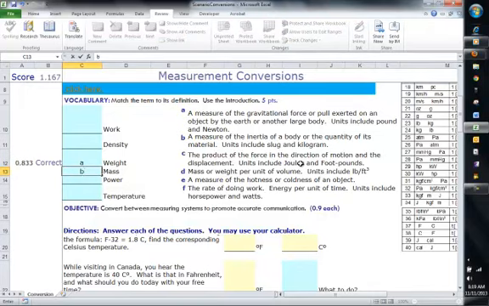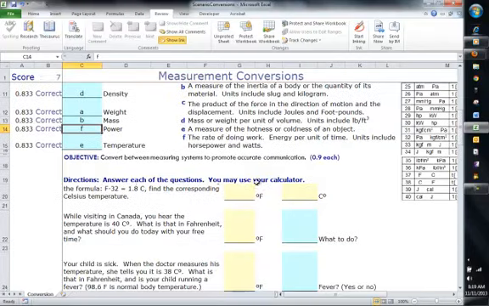The product of force in the direction of motion and displacement, units include joules and foot-pounds, is work. Mass or weight per unit of volume is density. A measure of the hotness or coldness of an object is the temperature, which leaves power, the rate of doing work. Okay. We are going to convert between measuring systems to promote accurate communication.